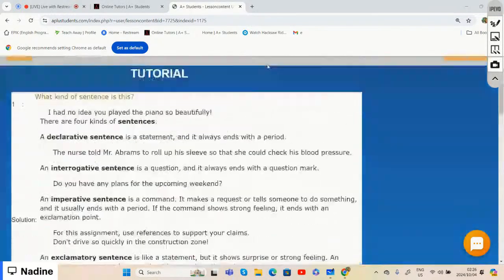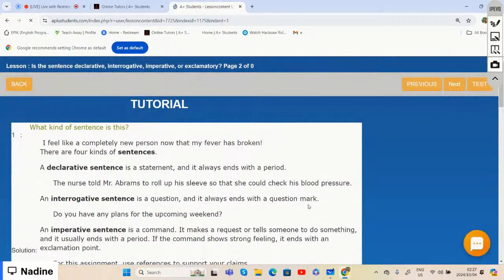Before we go to the test, let's just do two more, three more. What kind of sentence is this? It says, I feel like a completely new person now that my fever has broken.